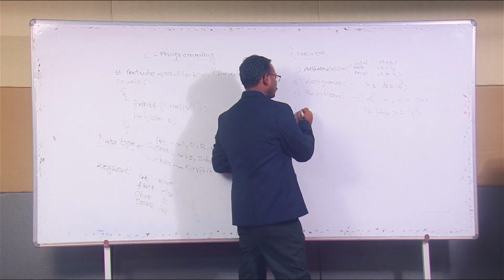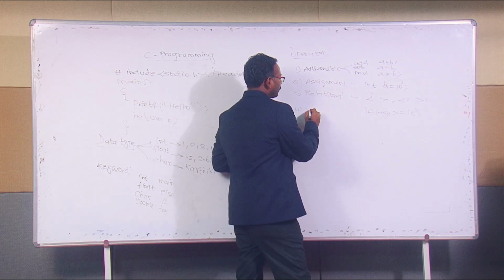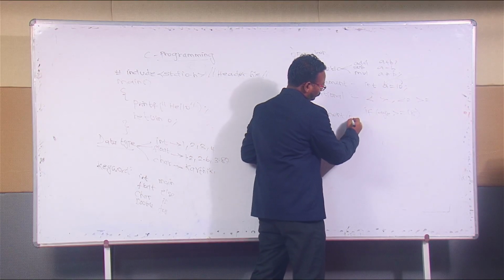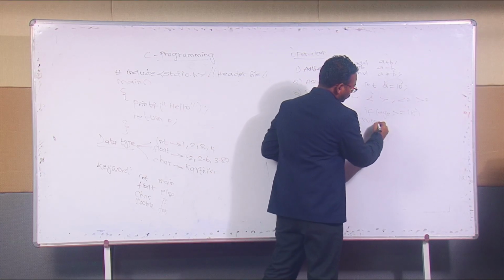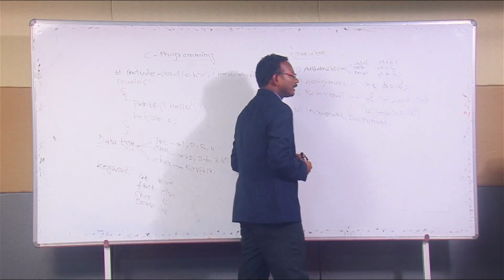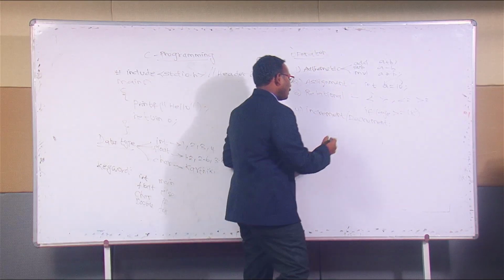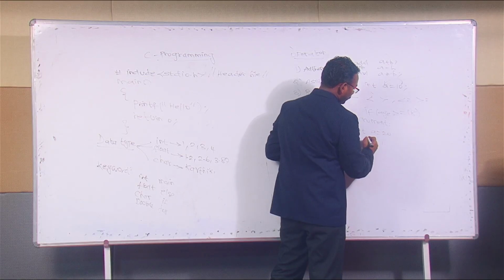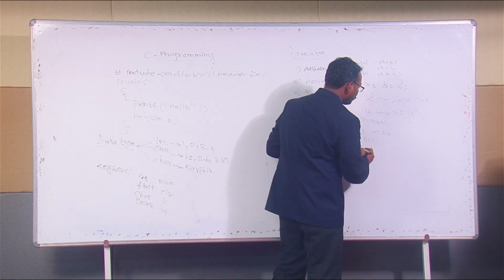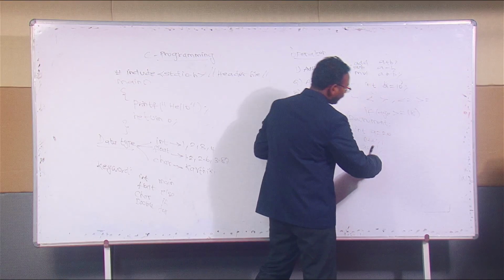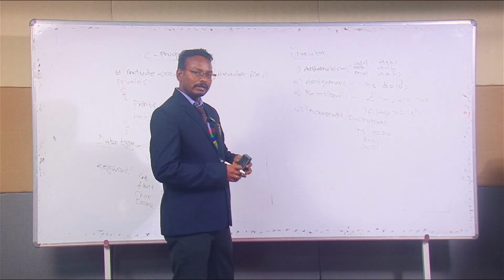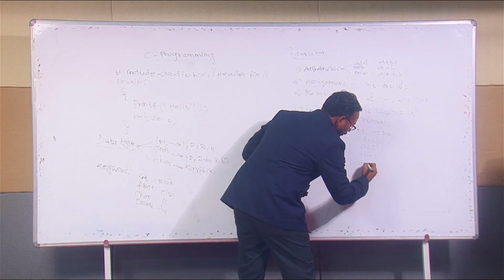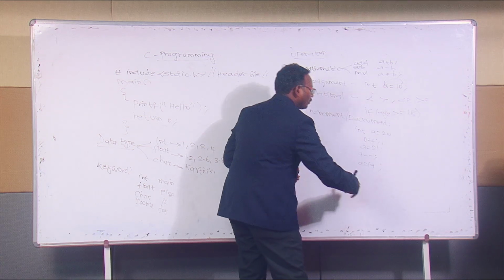And the next one is the increment or decrement operator. It is used for increasing or decreasing values. For example, if I give integer a equal to 20 and then a plus plus, the next value will be a equal to 21, increasing the data. For decreasing, if I give a minus minus, the next value of a will be 19.